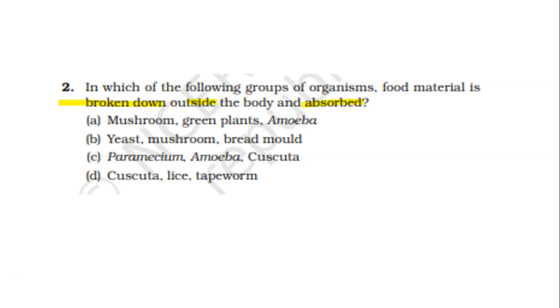So the organisms who undergo this type of nutrition, the saprotrophs, include decomposers like yeast and mushrooms, rhizopus, etc. So it can't be A. They have green plants in the option, and green plants, as we know, are autotrophs, and it has to be B, because yeast, mushroom, and red mold are all saprophytes. So option B is the correct answer.